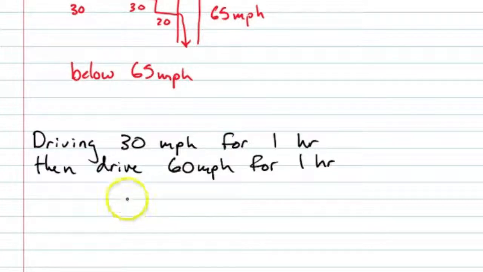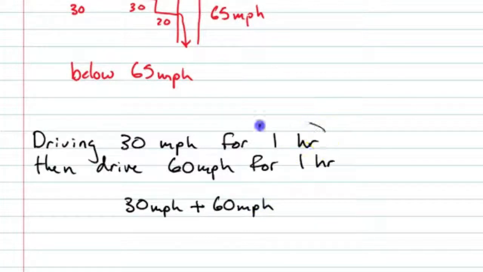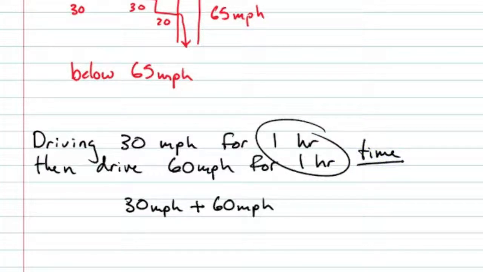Well, you know that you had a speed of 30 miles per hour, and then you had a speed of 60 miles per hour, and I can just add them up really simply on top of each other because we have the same amount of time here. And that's a really important thing to understand and keep track of. So that comes out to 90, and we need to divide that by the 2 numbers that we have here.